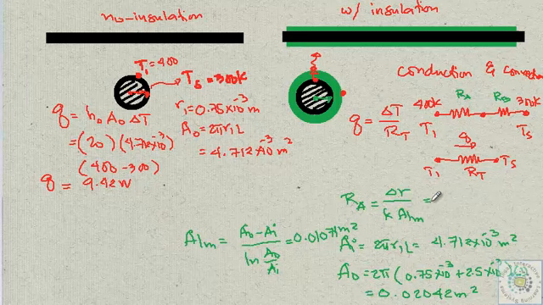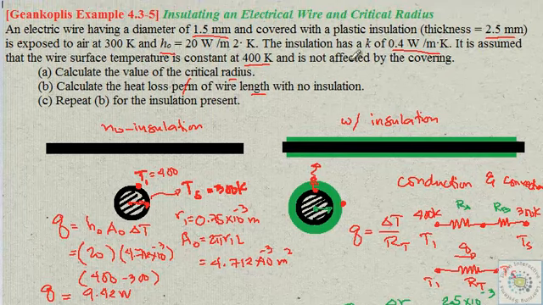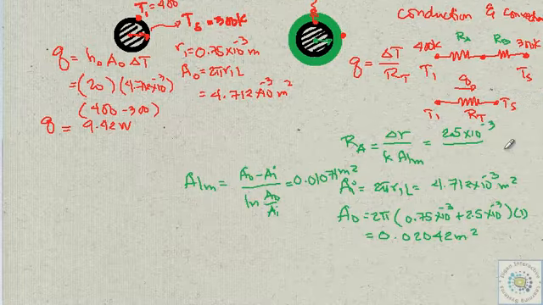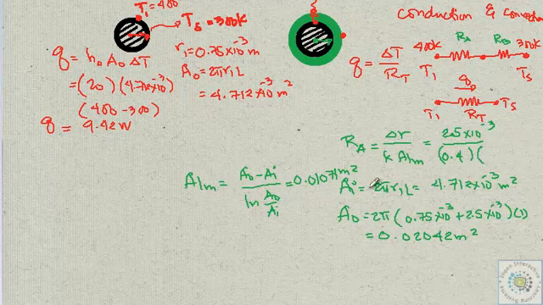And putting the values, delta R is simply the thickness of the insulation, given to be 2.5 mm, so 2.5 times 10 to the negative 3, over K of the insulation, which is given as 0.4 watts per meter Kelvin, and then the area log mean given by that, 0.01071.